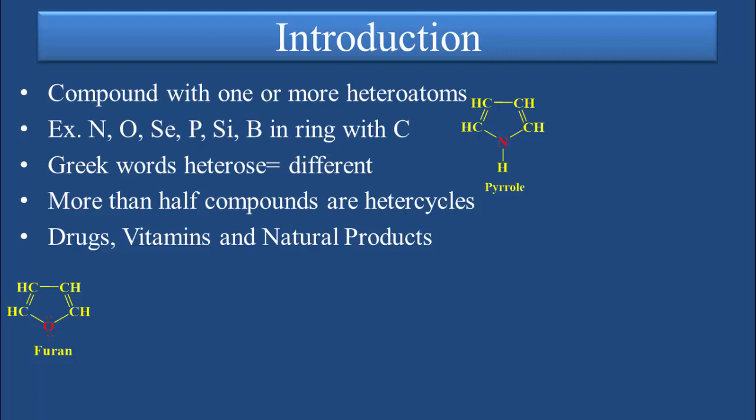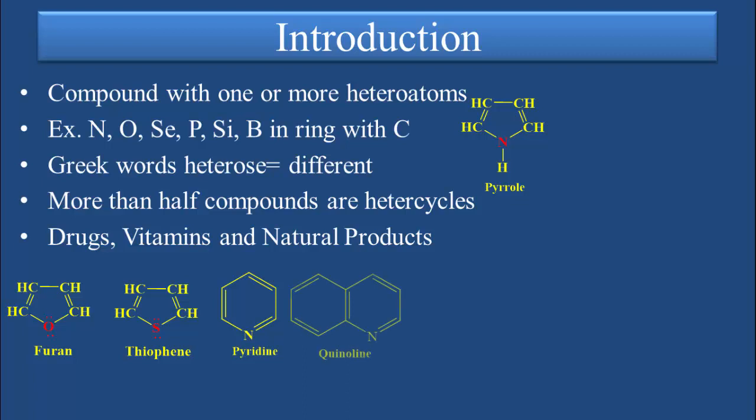It contains oxygen as a heteroatom. Then thiophene. This thiophene contains sulfur as a heteroatom. Then pyridine. It contains nitrogen as heteroatom. Quinoline, indole. These are the various heterocyclic compounds. In these heterocyclic compounds, the heteroatoms are present in the cyclic ring along with the carbon atoms.